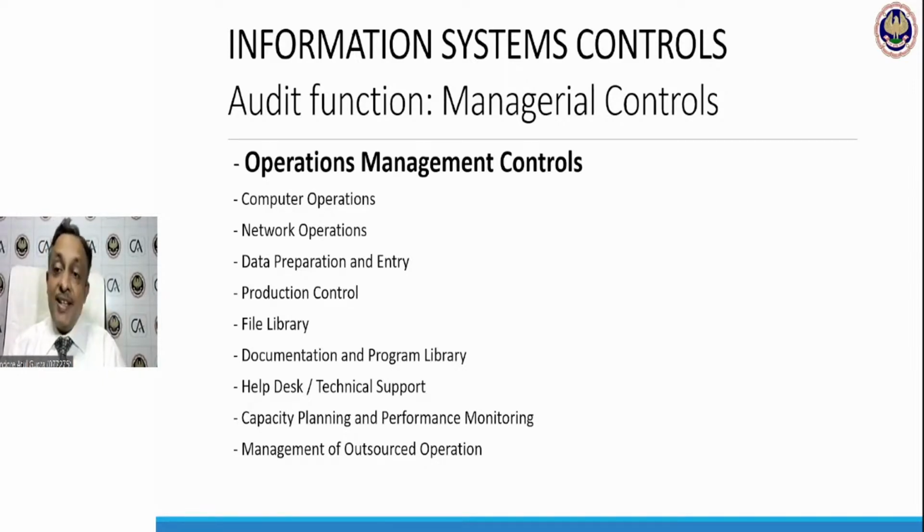Your SA 402, client using service organization, that we all have read, or probably you'll be reading. It basically talks about outsourcing as a way of doing business. If a lot of your activities have been outsourced, then the auditor takes into account the activities which have been outsourced.